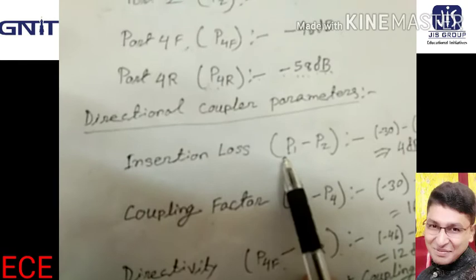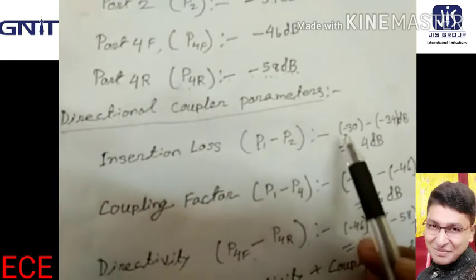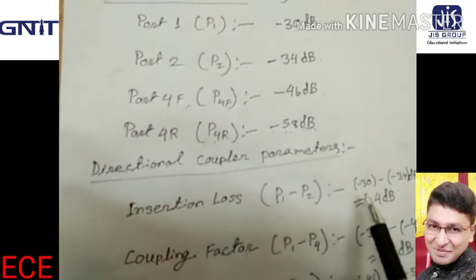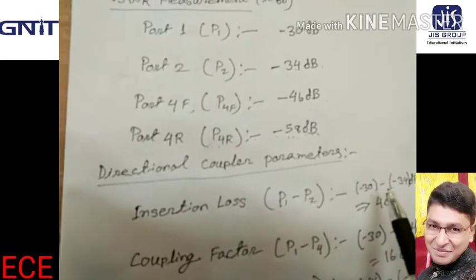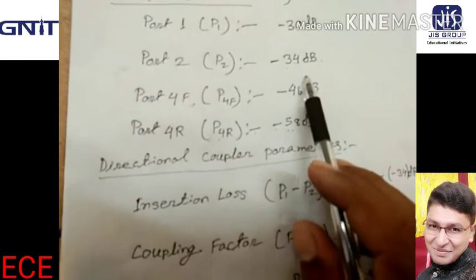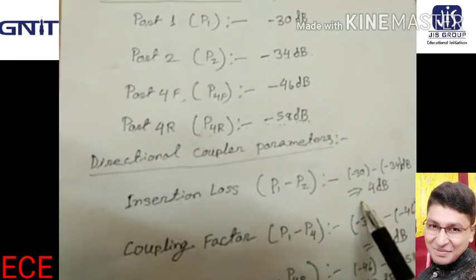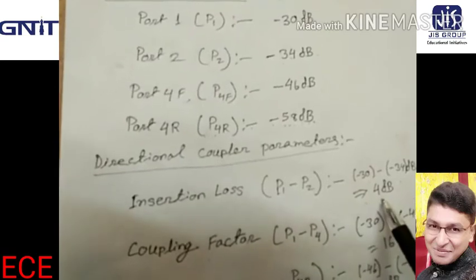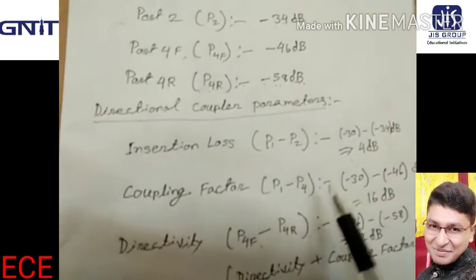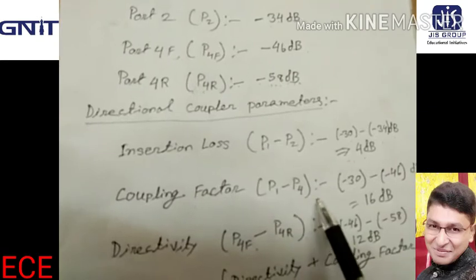Port 1 value is minus 30 dB, minus port 2 value of minus 34 dB, that is 4 dB. Insertion loss is 4 dB.